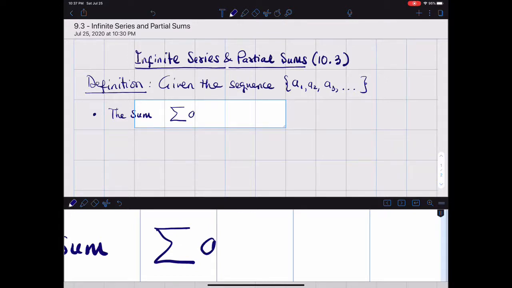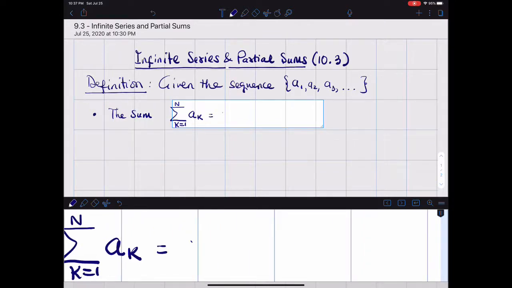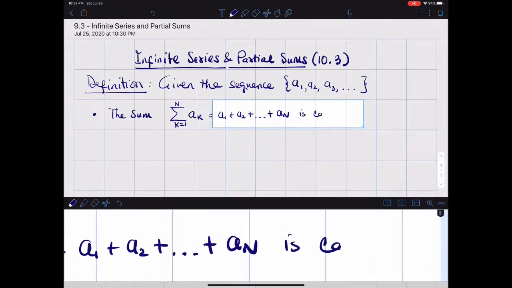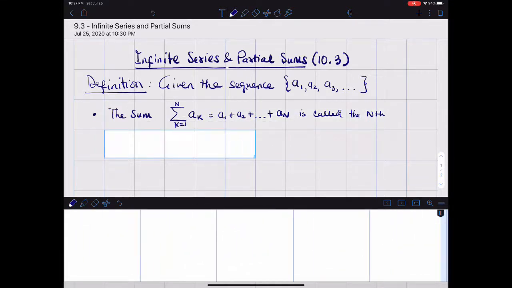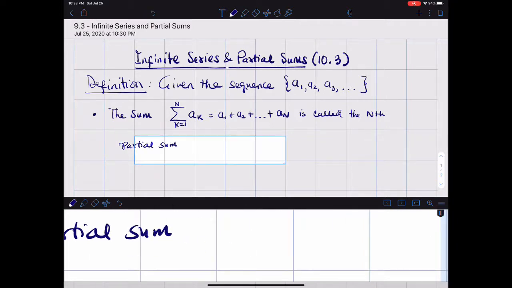So what do I mean? Let's assume we're summing all the Ak. We're summing Ak, k running from 1 to capital N. So that's A1 plus A2 plus A3 all the way to AN. This is called the nth partial sum of our sequence.